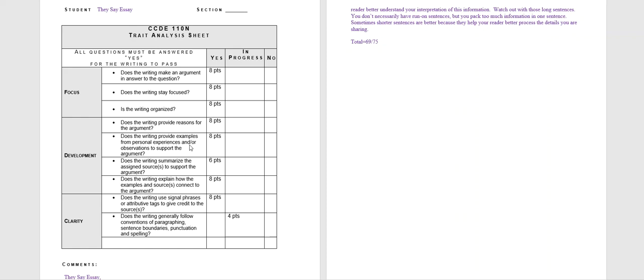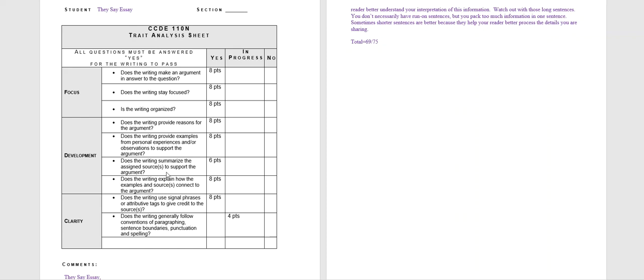Include examples from personal experiences and/or observations, and make sure that you're clear in your examples when you're describing these experiences that they're your experiences or observations that you have made. When you are including examples from the assigned sources, clearly state that those examples are coming from the assigned sources.